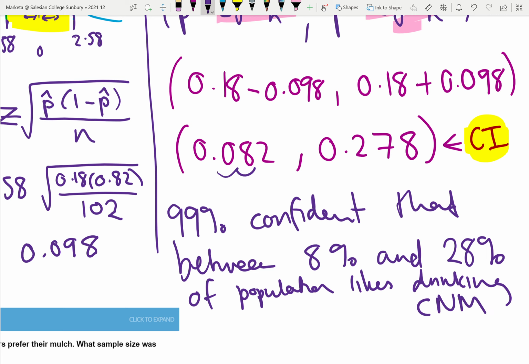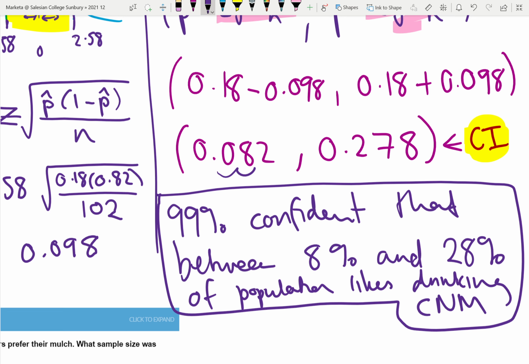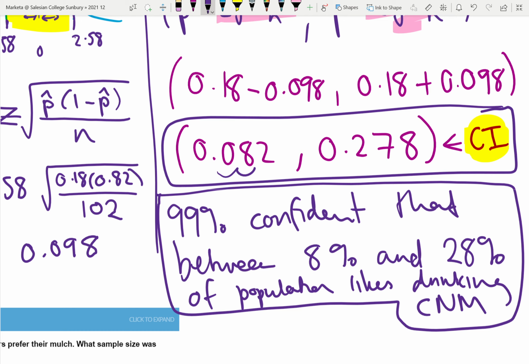So the confidence interval is this, and the interpretation is that we're 99% confident between 8 and 28% like drinking coconut milk.